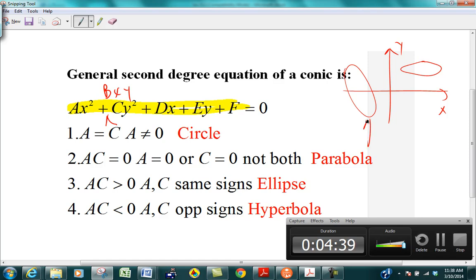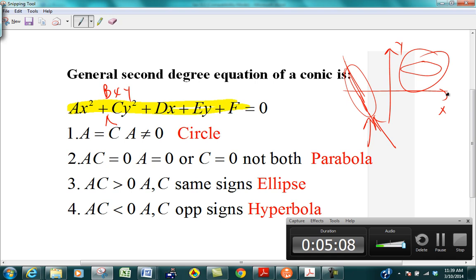This kind of makes more sense, because if you look at the origins of conic sections, it is all about planetary motion. Not everything is going to be oriented like this, obviously. Everything is going to be at some angle, and so they typically form orbits like that. Tomorrow we're going to learn how to find the angle that the axis makes with the x-axis.